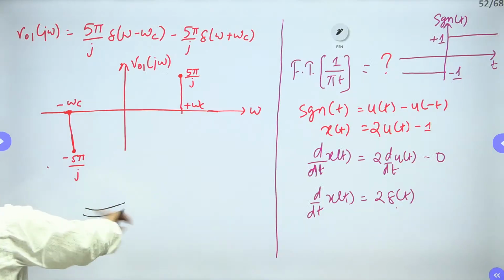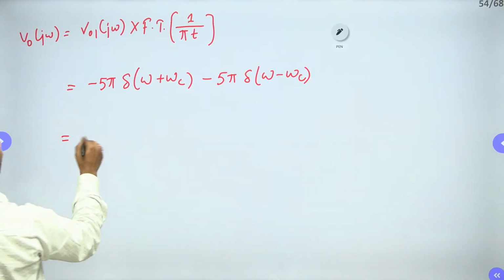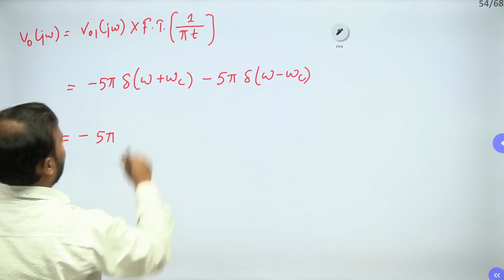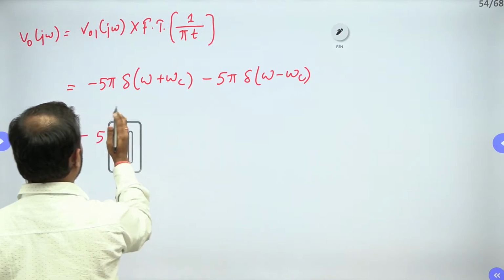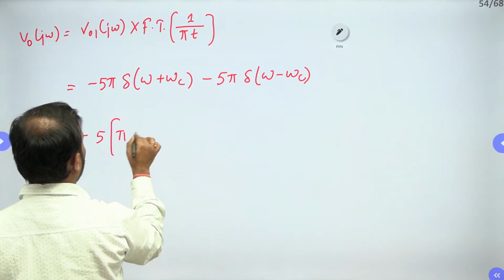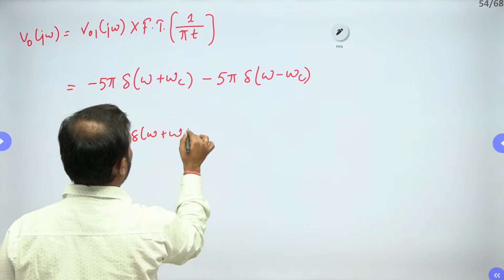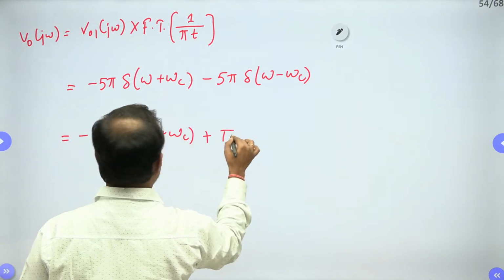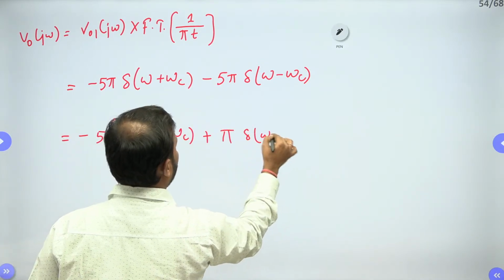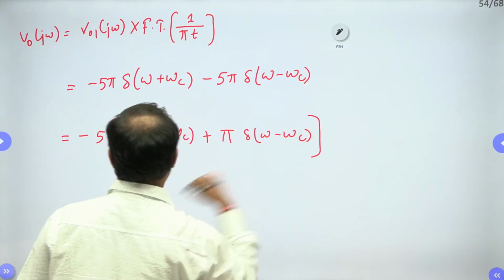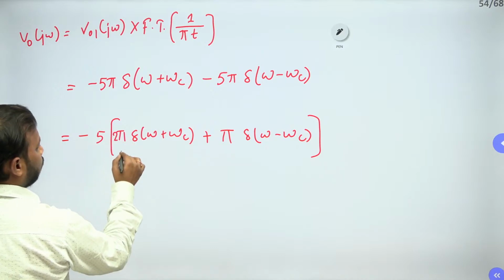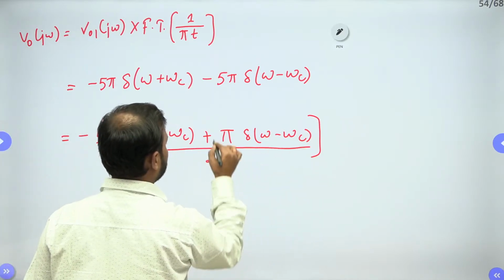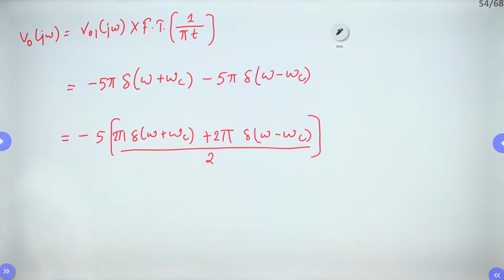So, this will be minus 5 pi del of omega plus omega c, or you can say pi del of omega plus omega c plus pi del of omega minus omega c. Multiply by 2, divide by 2, like this.